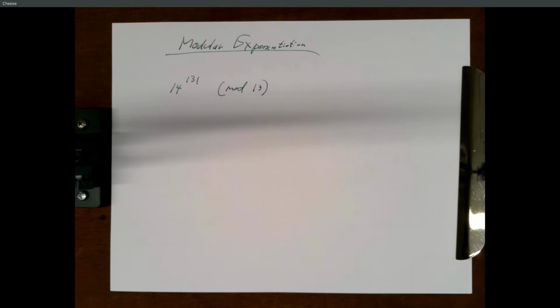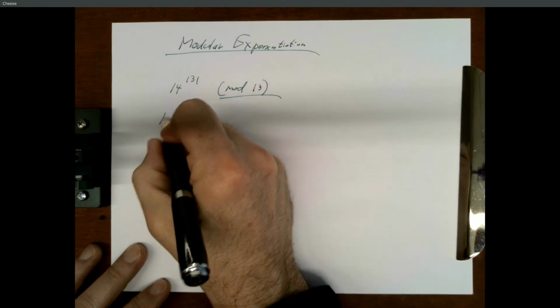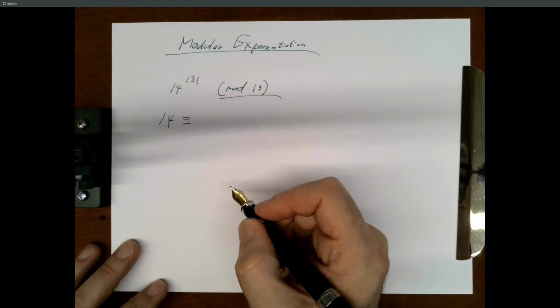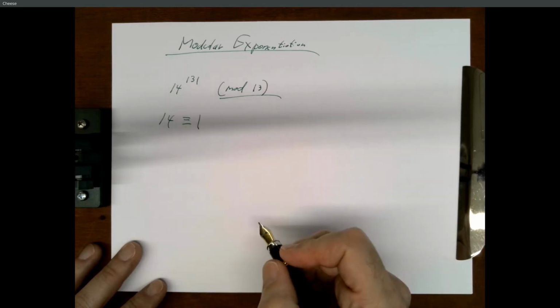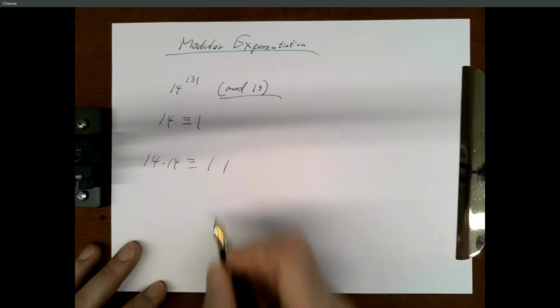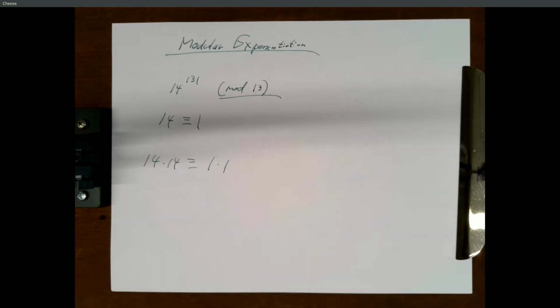Now, how did I know that so quickly? Because if I think strictly in terms of modulo 13, what is 14 congruent to? One more than a multiple of 13. So 14 times 14 is congruent to 1 times 1, because we can multiply congruence classes, and it's the same thing as multiplying numbers and then reducing, right?